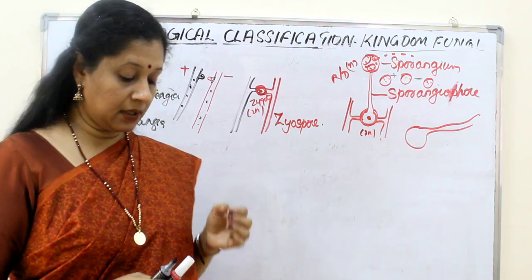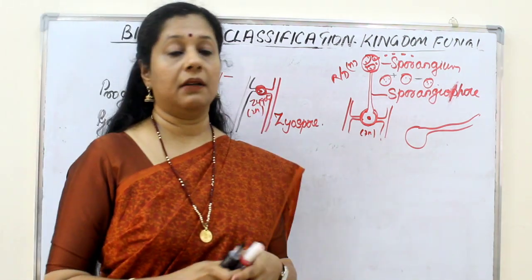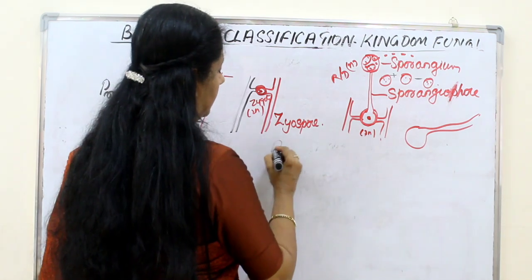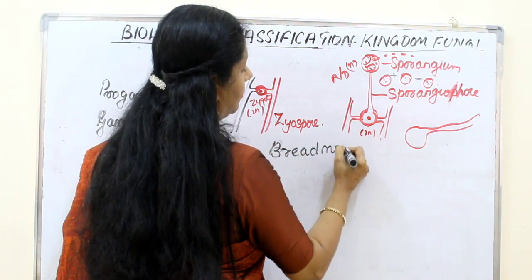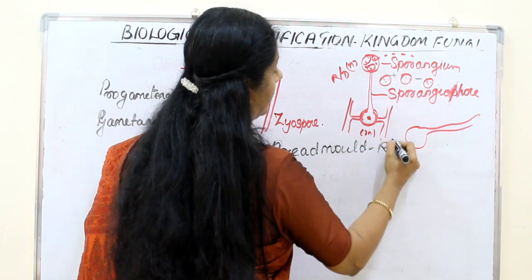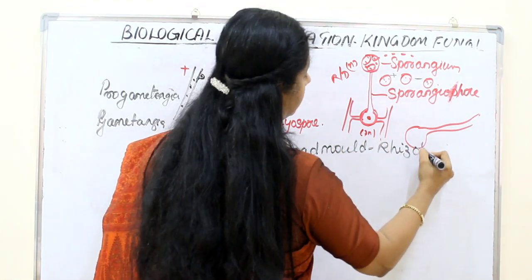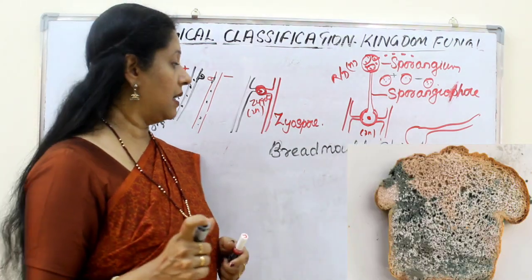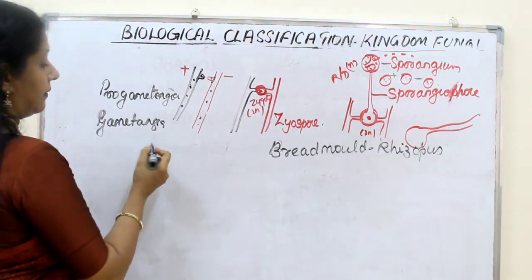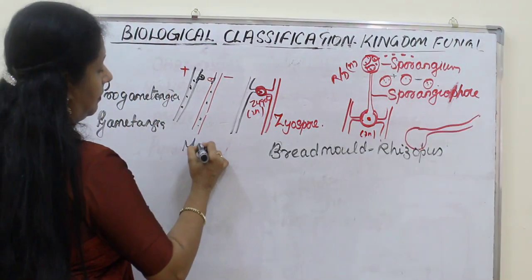And the important members of this group are, one is the bread mold. What is the name of the bread mold? It is called Rhizopus, which is causing damage, making the bread stale. Then after bread mold we have another member of this, Mucor.